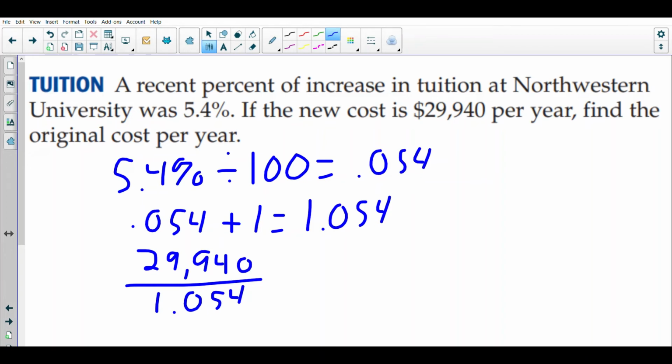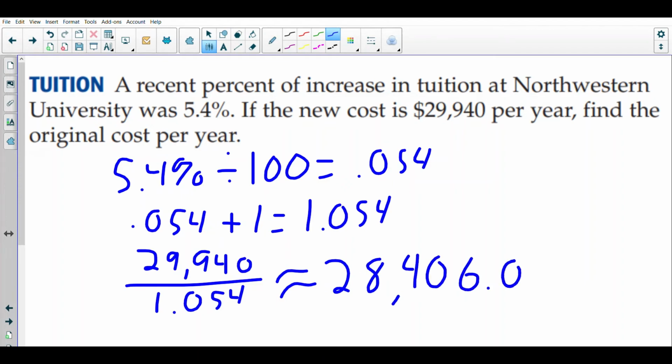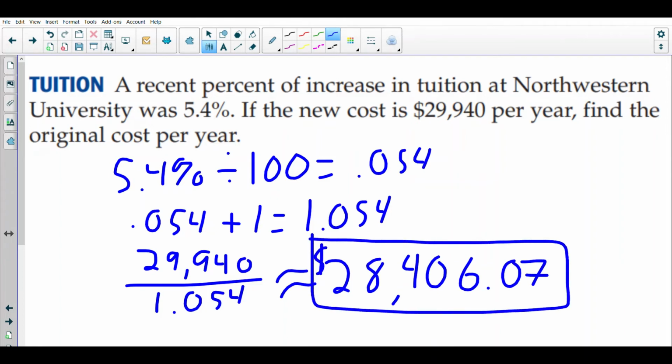In this case the numbers are kind of tricky, so grab a calculator. 29,940 divided by 1.054, and we get approximately, rounding to the cents, $28,406.07. So it looks like it went up about $1,500 comparing the new cost and the original.